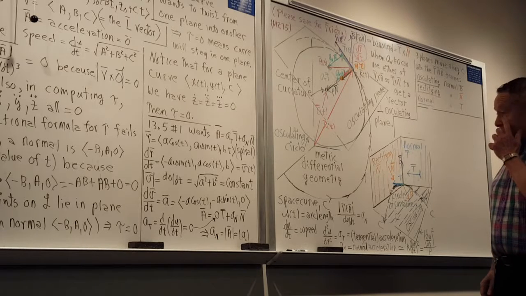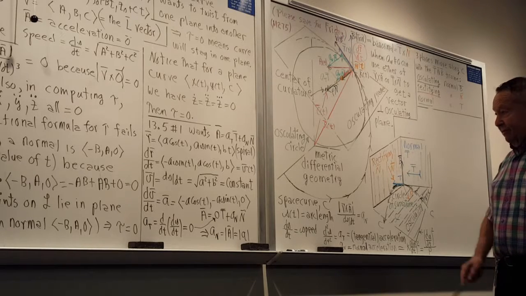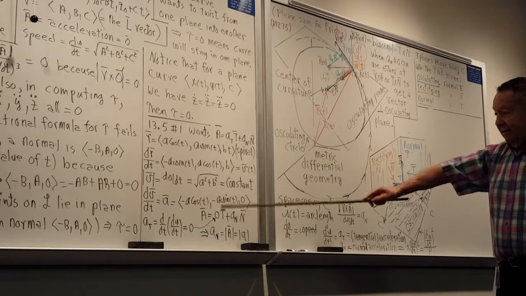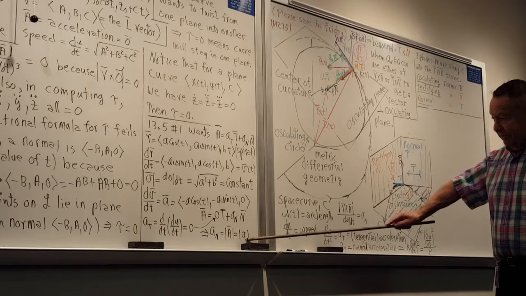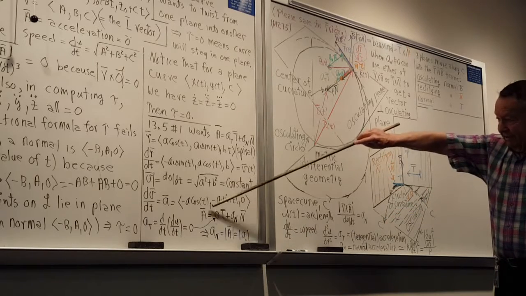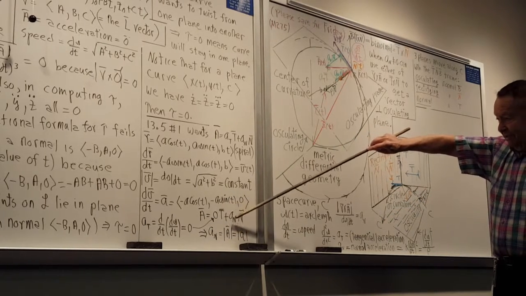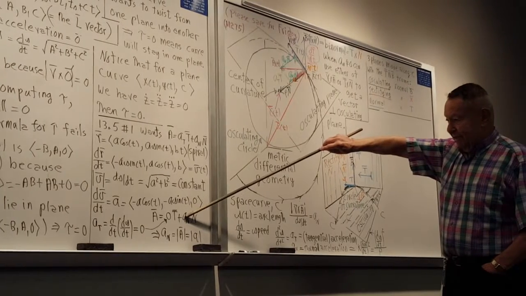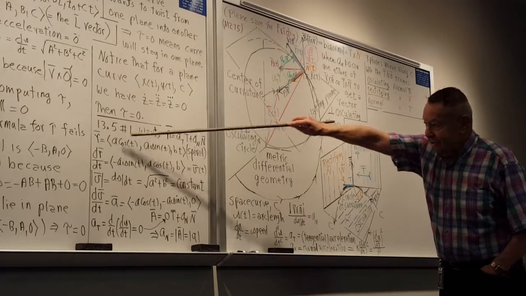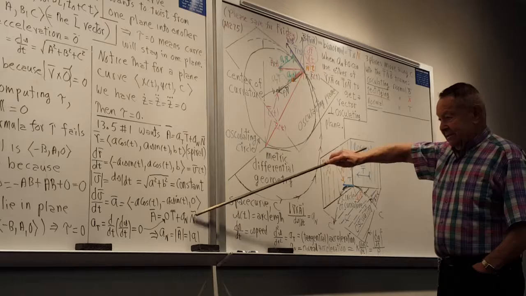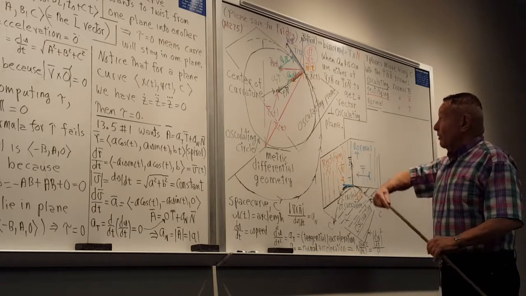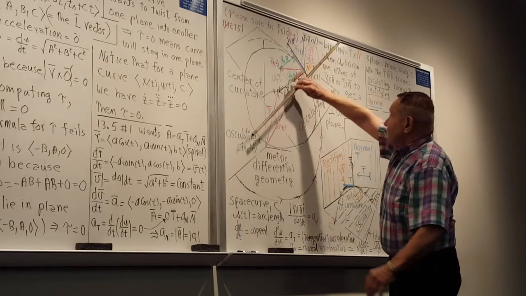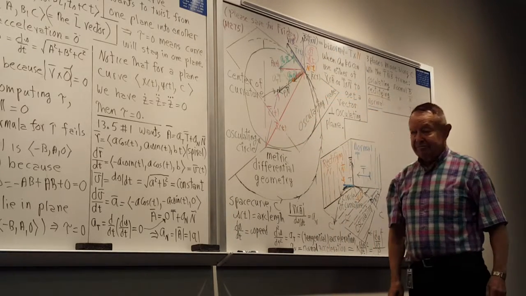So then what you end up with is that your a sub t is 0, your a sub n is the absolute value of a, and your vector acceleration then is absolute value of a, this a, with the unit vector normal, whatever that vector would be.